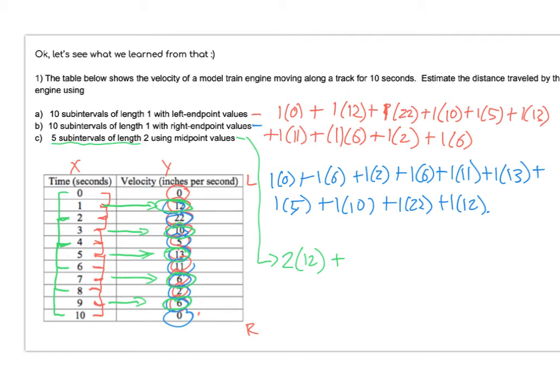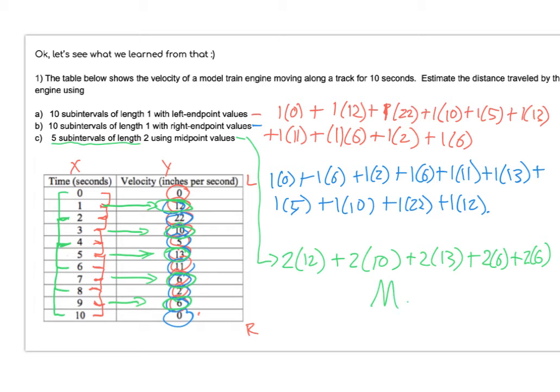Going from 2 to 4, that's a width of 2 and a height of 10. Going from 4 to 6, that's a width of 2 and a height of 13. Going from 6 to 8, that's a width of 2 and a height of 6. And from 8 to 10, that's a width of 2 and a height of 6 again.